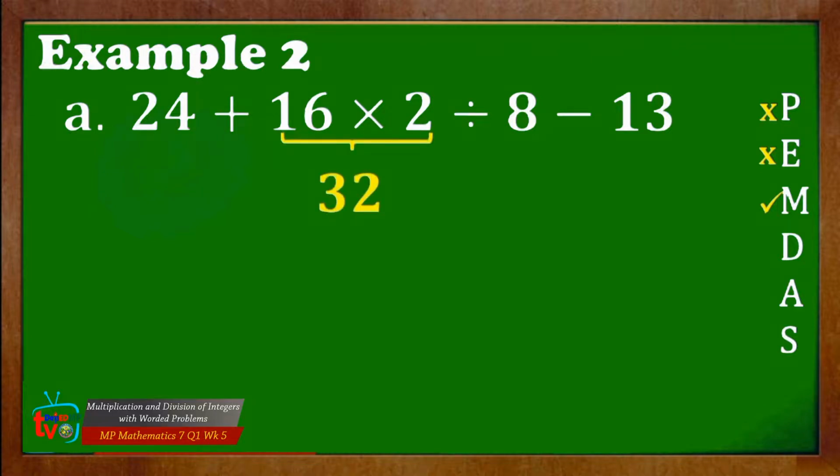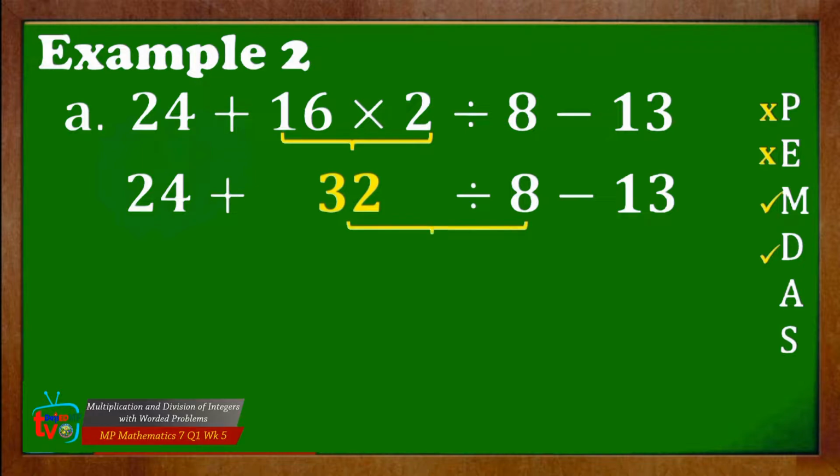Product 32. Then, copy the remaining numbers and operations. Let's proceed to division. Yes, we have. That is 32 divided by 8. Quotient 4.